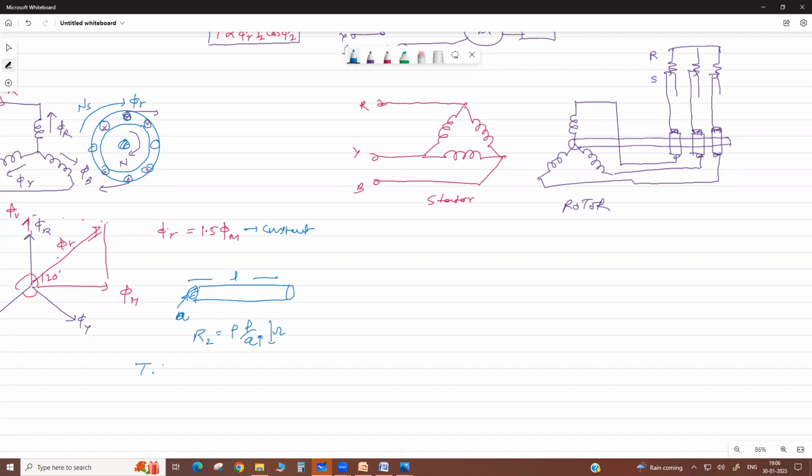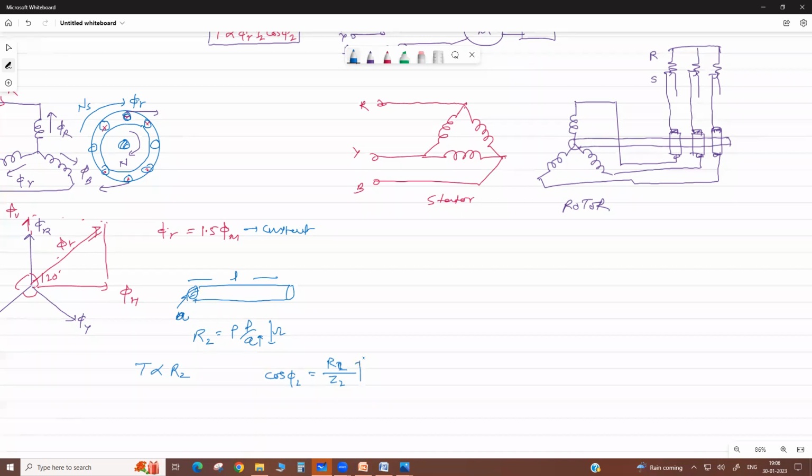And please remember, torque is directly proportional to the rotor resistance. When we derive the equation, you will definitely see it. Or simply you write, power factor of rotor circuit is rotor resistance by rotor impedance.